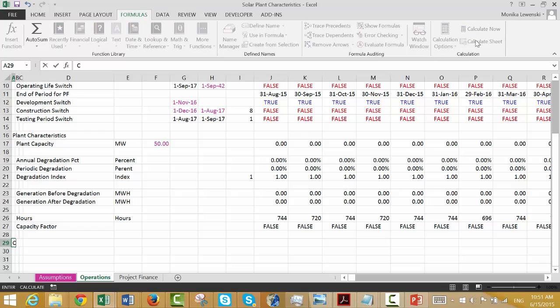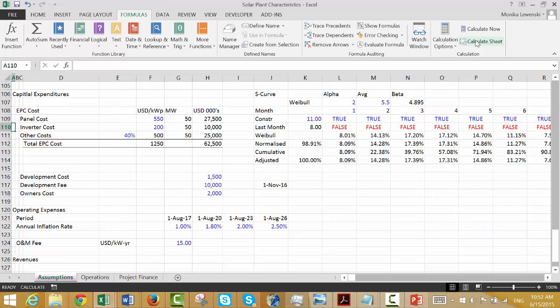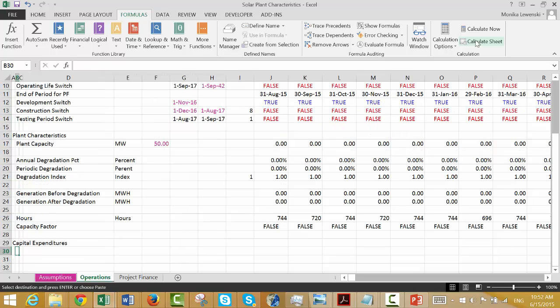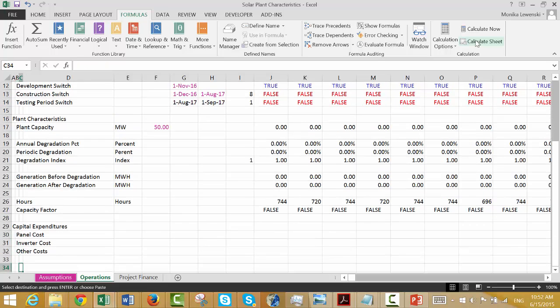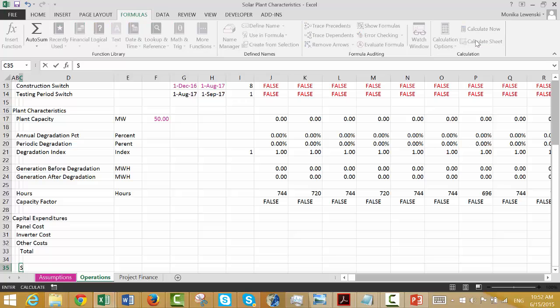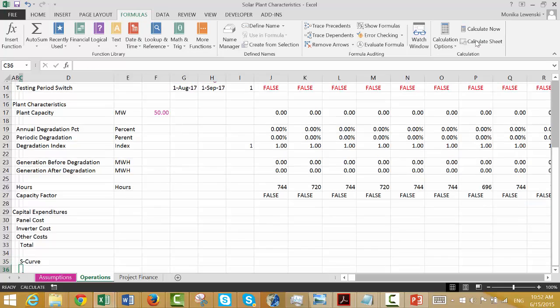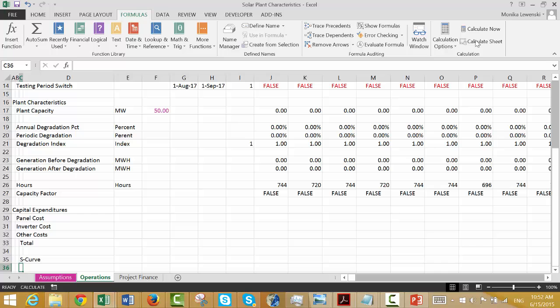So now let's put the capital expenditures, and why don't we put the three cost components in here? So let's put the panel cost. Okay, and then we can put the total, and then we can put the S curve, and then we can put the expenditures.